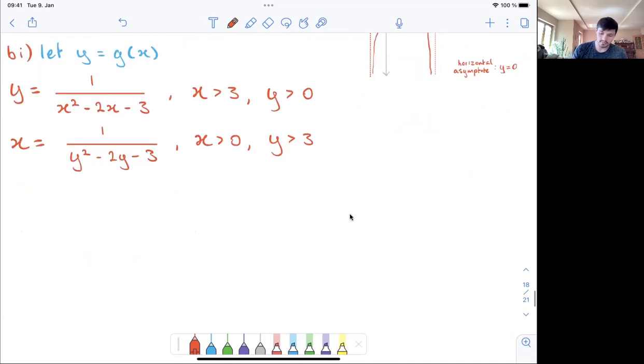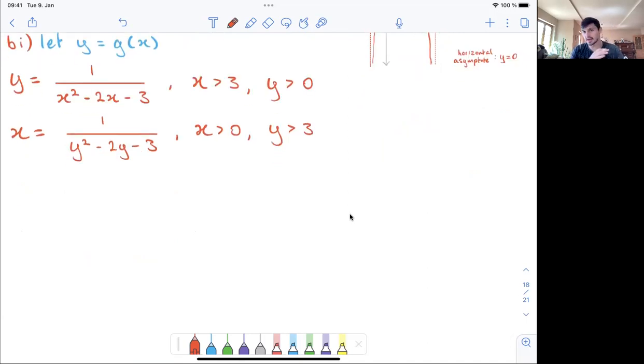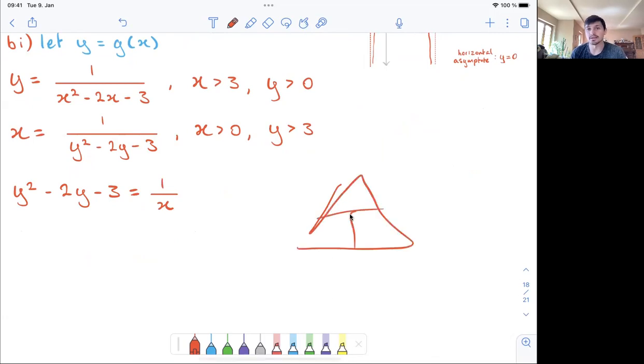I'm going to bring the y's over to the left-hand side, because generally we write y equals something. So y squared minus 2y minus 3 is equal to 1 over x. If you're familiar with physics triangles, that's an easy way to rearrange that one. So that's what we've got there.